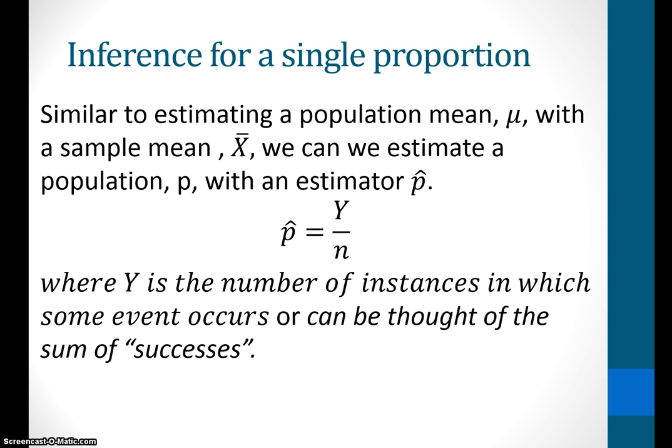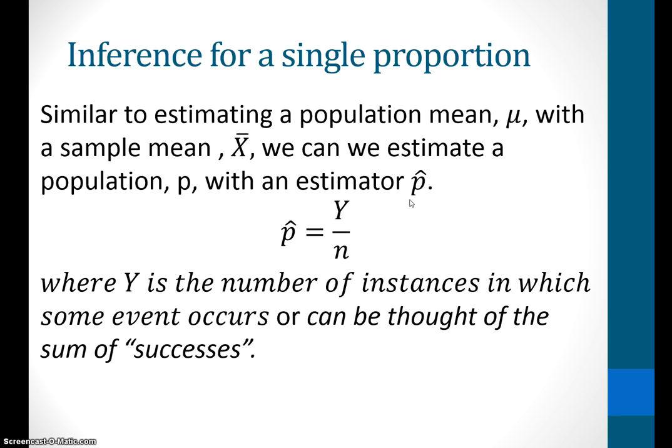This week we want to look at testing a population proportion. And so we can do that with this estimator p-hat. In statistics sometimes we simply put a hat on our estimators to distinguish them from our population parameter.